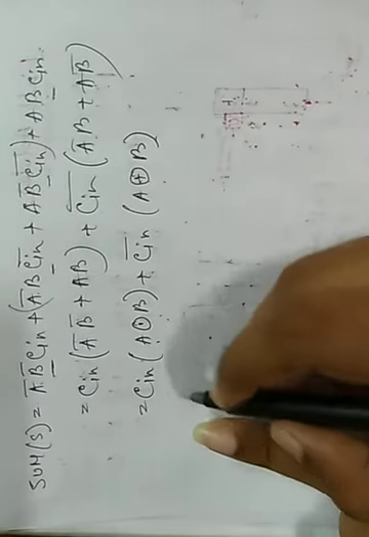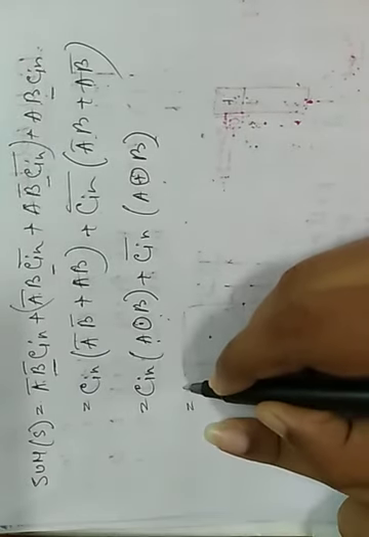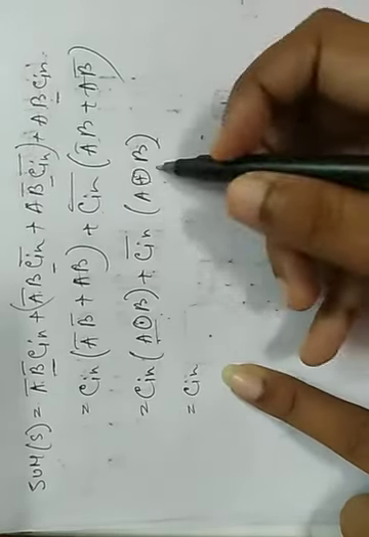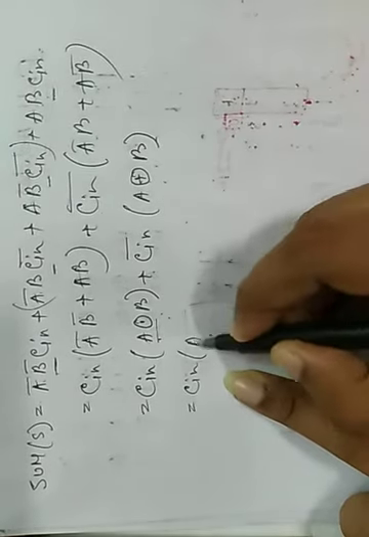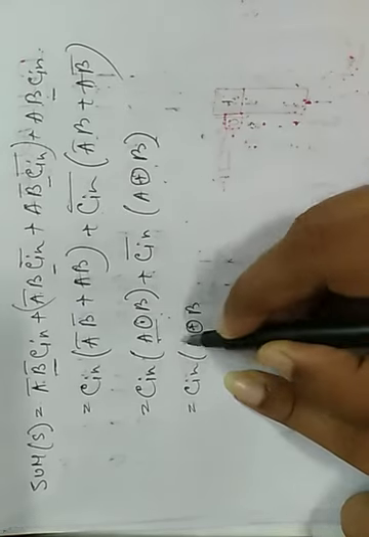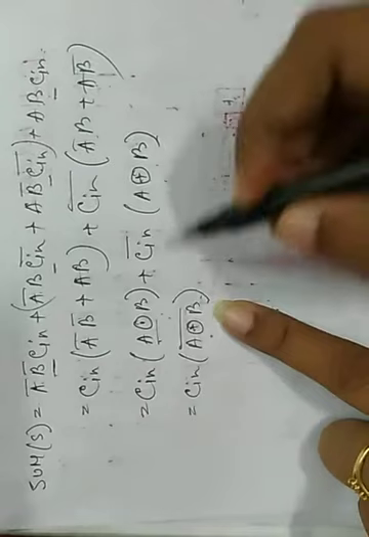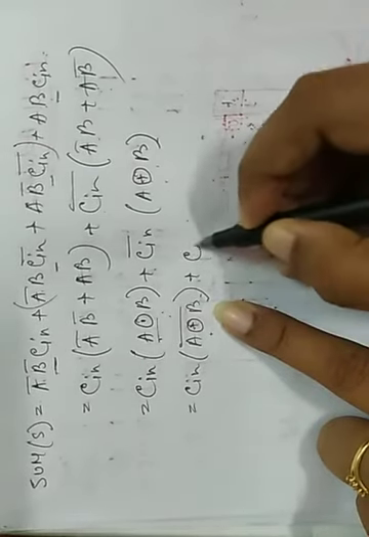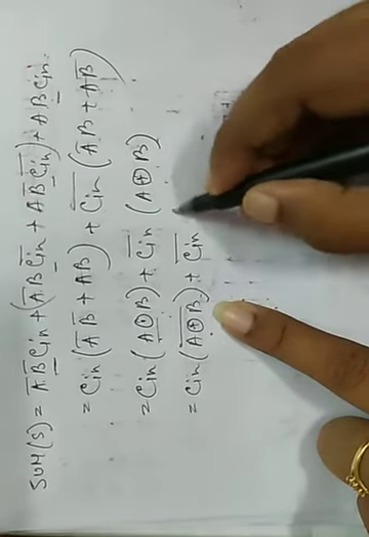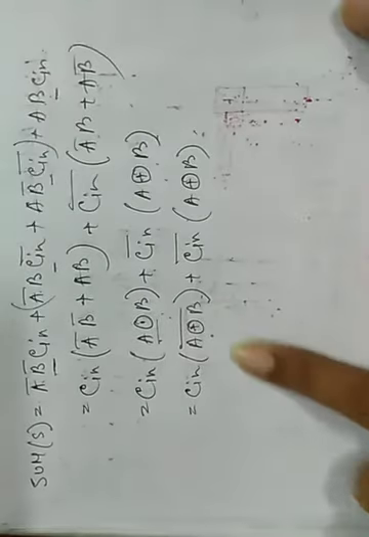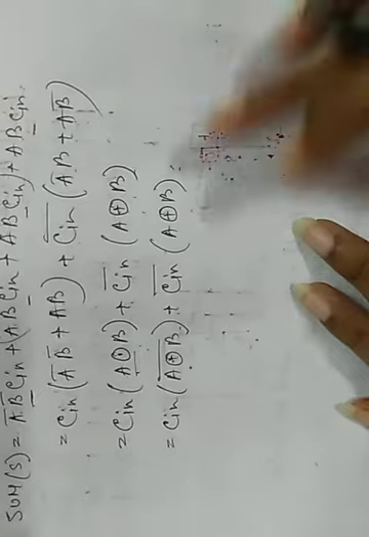You can check it by the truth table of XNOR gate and XOR gate. So we can write XNOR as the complement of XOR gate, plus C in A XOR B bar.